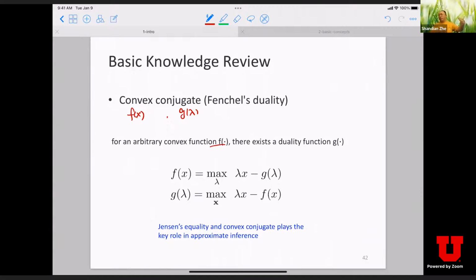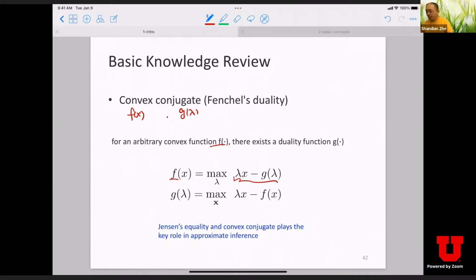What is the relationship between f and its conjugate? We can represent f as the maximum of a linear term lambda times x subtracted by the conjugate g of lambda.